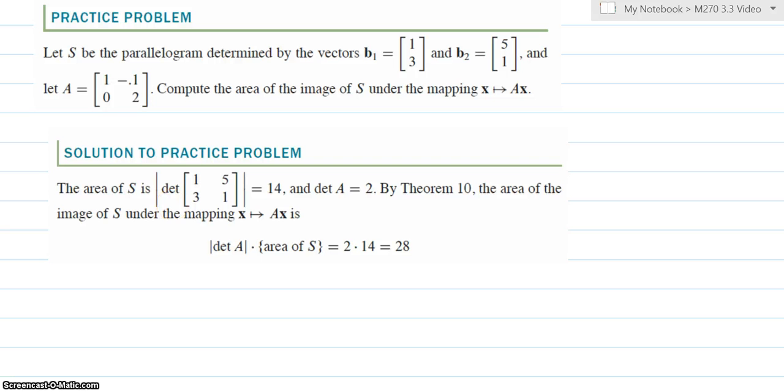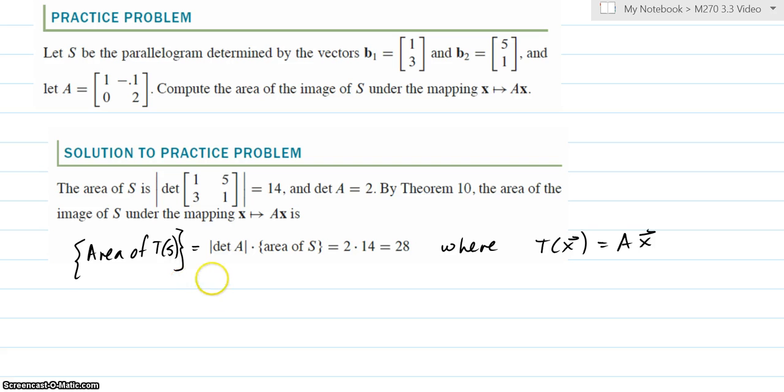So here's the solution. So first they took the determinant of 1 3 5 1, it's the book solution, and then they found the determinant of A, which was 2, and the theorem says that the area of the image of S, so this is equal to the area of T of S, we know, is the determinant of A, since T of x equals Ax, times the area of S. And we know the determinant of A is 2.